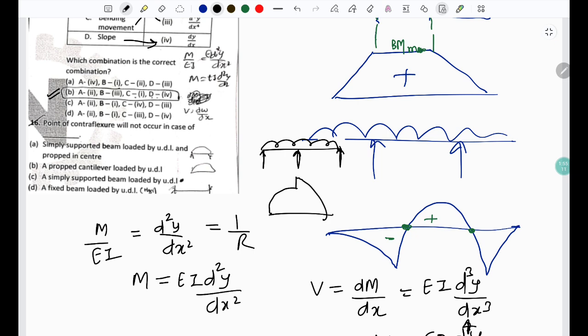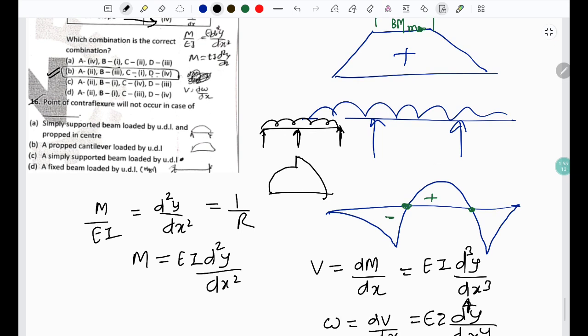There will be no point of contraflexion, no change in the bending moment. Anyhow, when there comes a moment in between somewhere, there is a chance of a jump. There might be a point of contraflexion.